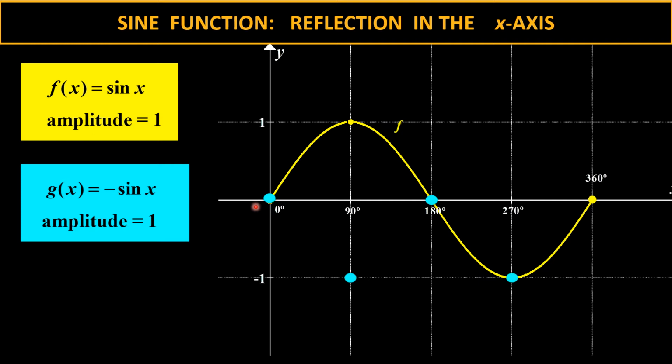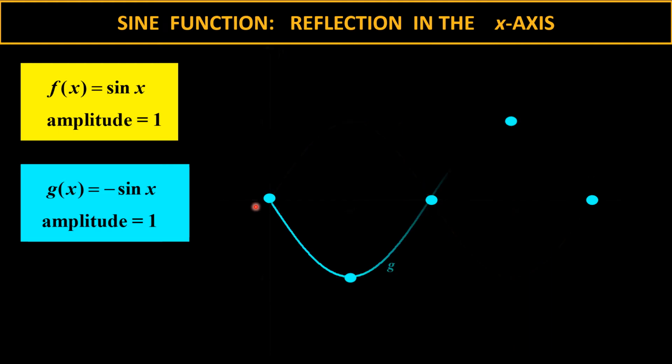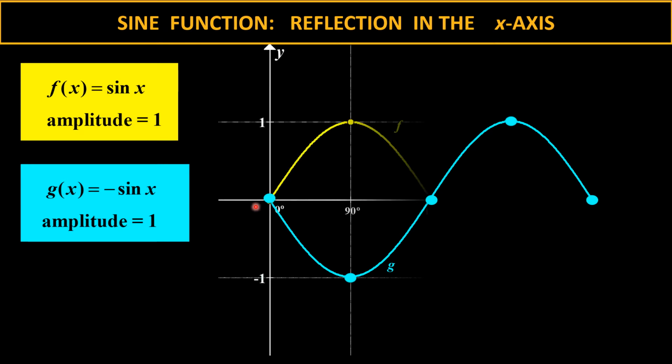Negative 1 times negative 1 becomes a positive 1. 0 times negative 1 just stays a 0, right? And if I join that, that is what my reflection in the x-axis will be like, that is negative sine x.